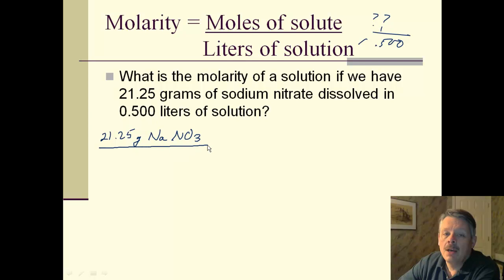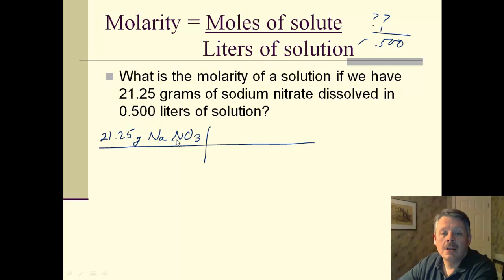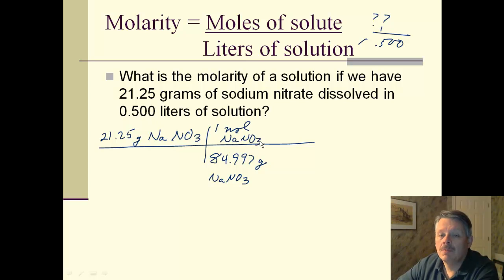And then what I have to do is I have to calculate the molar mass of sodium nitrate. Well, sodium is 22.99 and nitrogen is 14.007, and there are 3 oxygens, so that's 48. I add all of those together and I get 84.997 grams of sodium nitrate in 1 mole of sodium nitrate. Right?